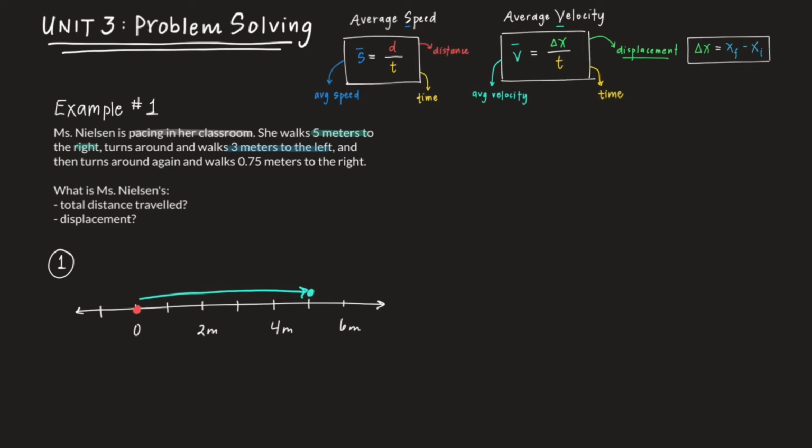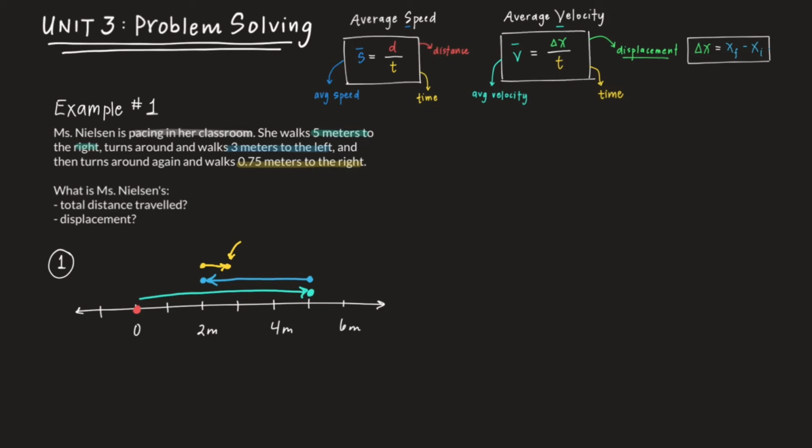So if I'm at 5 meters and I walk 3 meters to the left, I'm going to be at 1, 2, 3, 2 meters. And then I turn around again and walk 0.75 meters to the right. So I'm at 2 meters, and I'm going to move 3/4 of a meter, so I would be right there, not quite at 3. And what is that point?